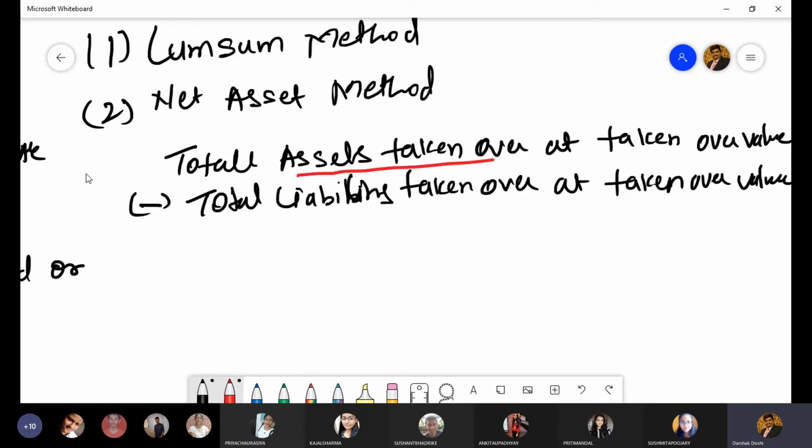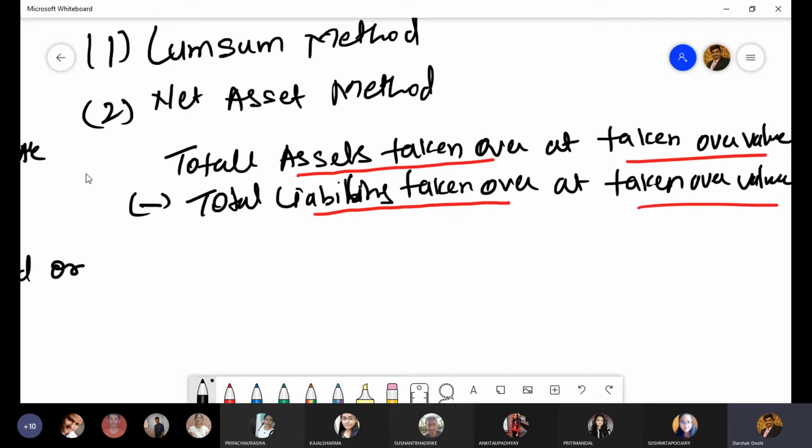Assets which are taken over will only come over here. Liabilities which are taken over will only come over here. And you will take the assets and liabilities at what value? At taken over value. So purchase consideration as per net asset method is nothing but total of all the assets which are taken over at taken over value less total liabilities taken over at taken over value.